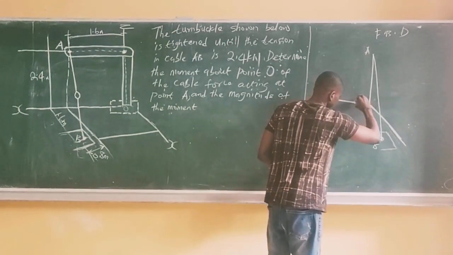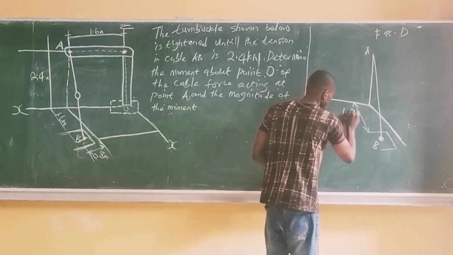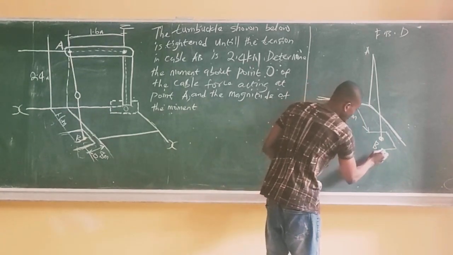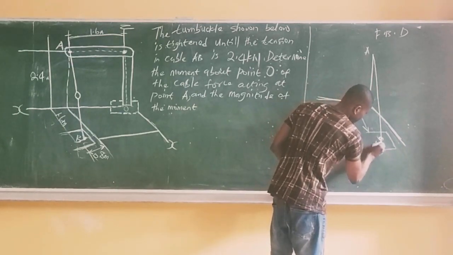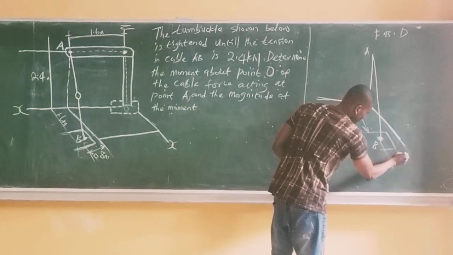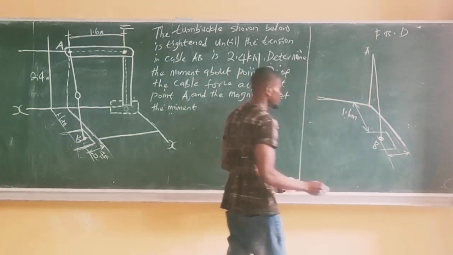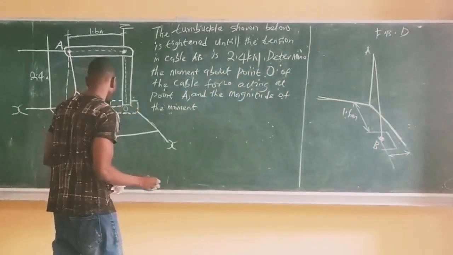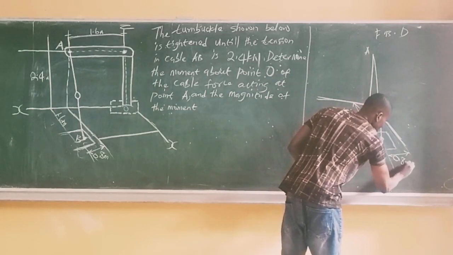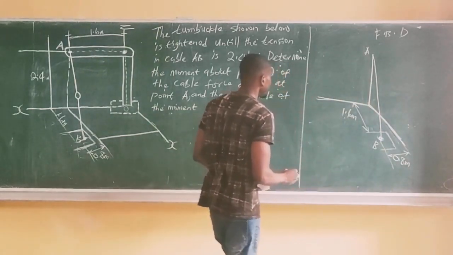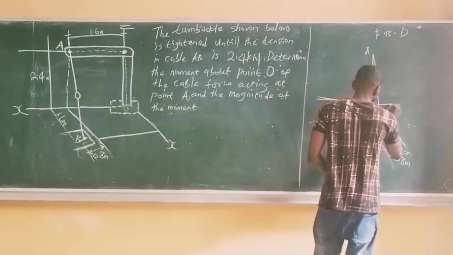Distance from this point to the cable is 1.6 meters. And distance from this point to this point is 0.8 meters.